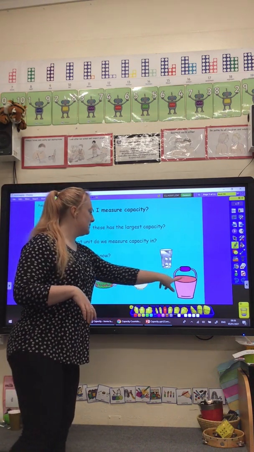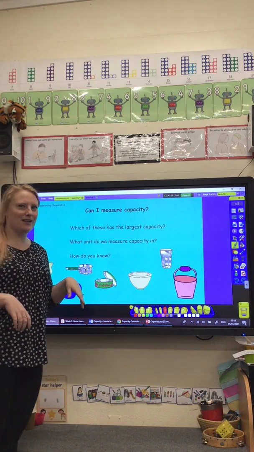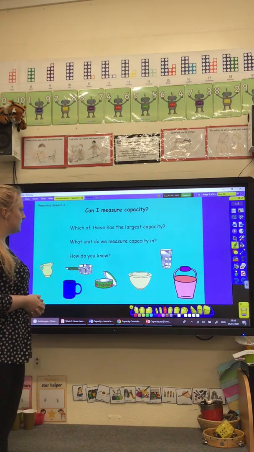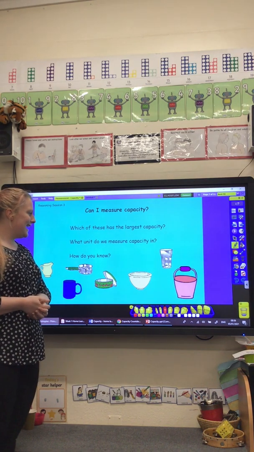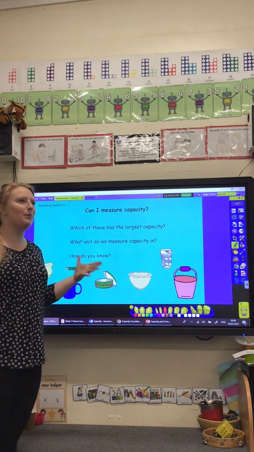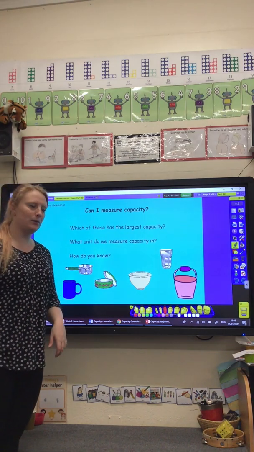So on the board here, I have got lots of different containers and they're not real sizes, but I want you to imagine we've got the real thing in front of us. And I want us to decide what container here do we think has the biggest, the largest capacity? What container can hold the most liquid?